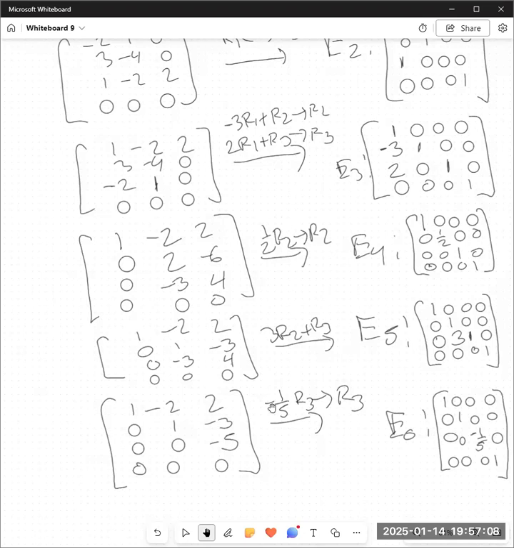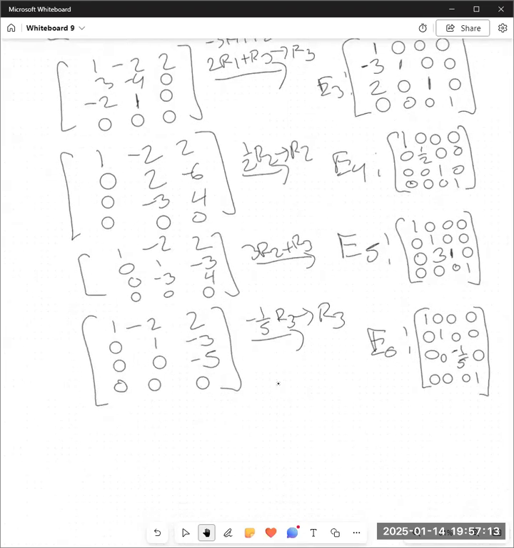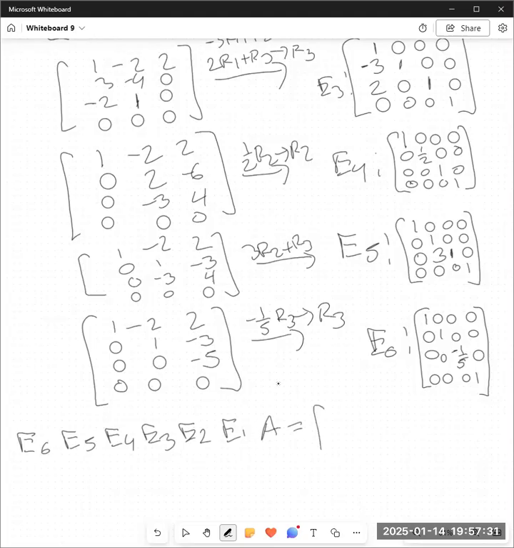And so I have 6 elementary matrices there that I should be able to take E6 times E5 times E4 times E3 times E2 times E1 times matrix A to give me my answer of 1, -2, 2, 0, 1, -3, 0, 0, 1, 0, 0, 0, which is matrix A in row echelon form.